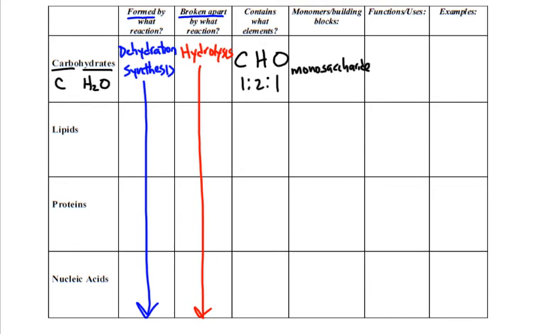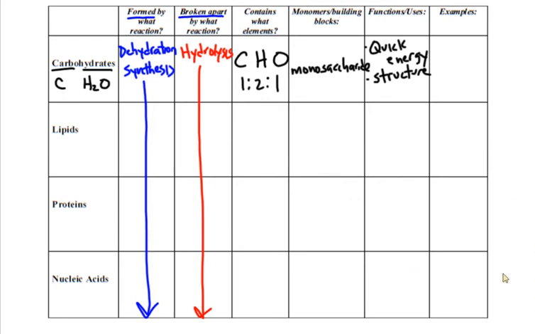And if you have not figured out yet, we are on page 16 to review within the Unit 2 workbook. Functions and uses of carbohydrates. First and foremost, we have quick energy. You also have structure, for both plant and animal cells.